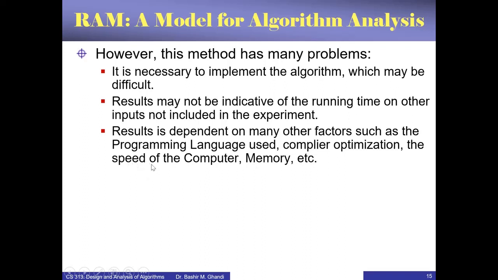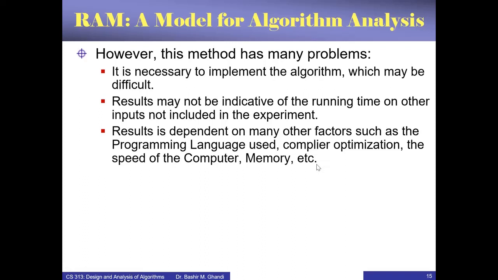Another problem is that it could actually be the computer that is fast. If you run the same program that you implemented on another computer that is slower or that has less memory, you may get a different result.